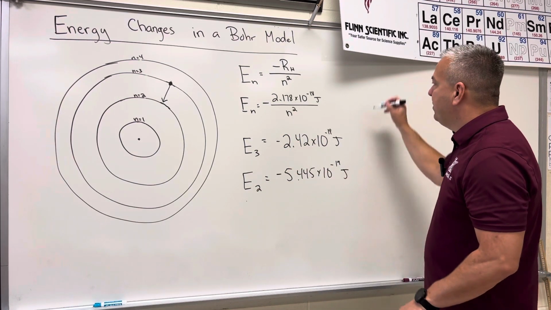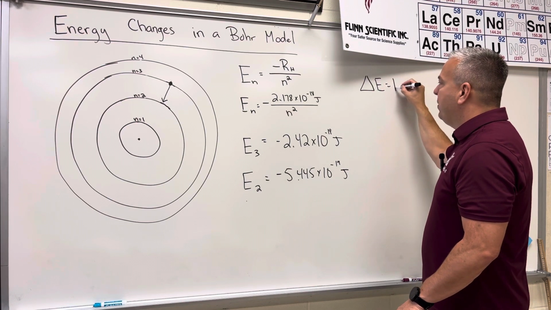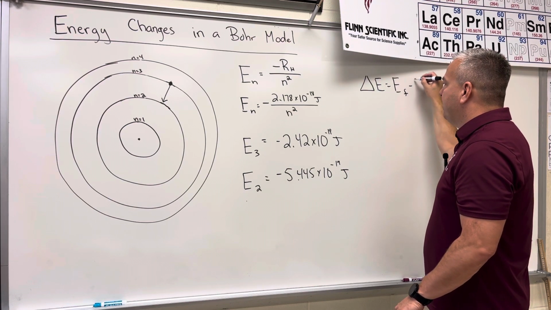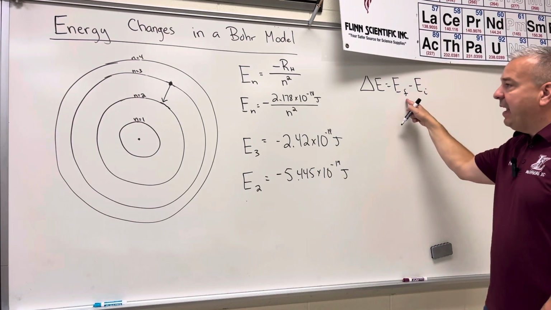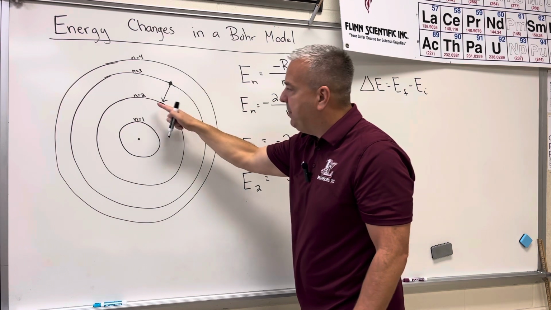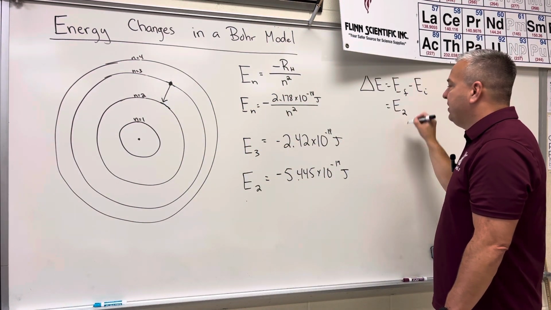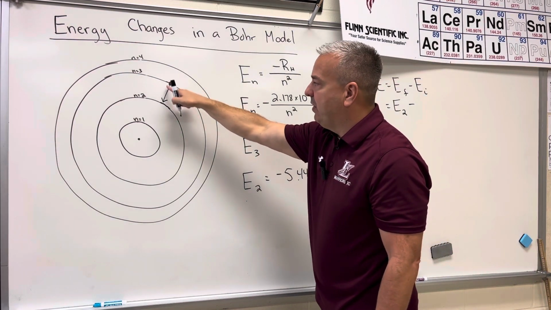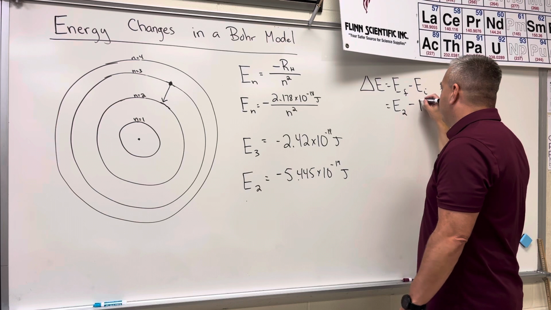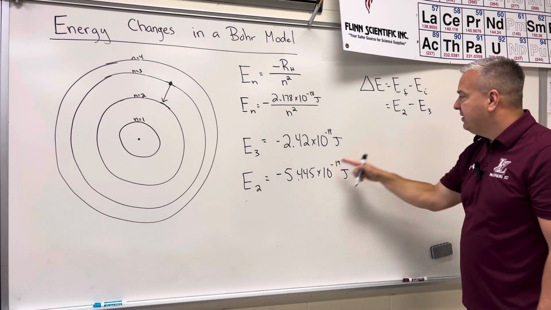And whenever we do a change in energy, or delta E, it's always going to be the energy final minus the energy initial. Okay? Well, the final, where we're finally going to end up, is at the 2 level. So we want to put in the energy level of 2 minus where we started. We started at the n equals 3 ring, so it would be the energy at the 3rd level. And then I just plug these numbers in.